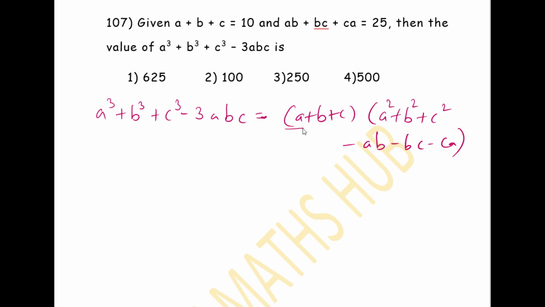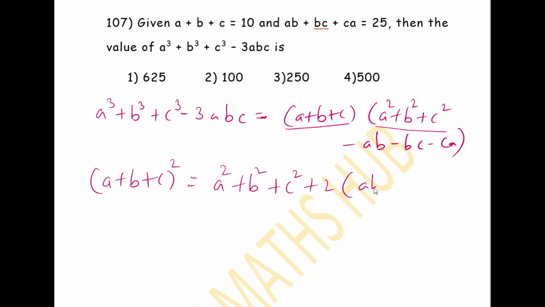We know the value of a plus b plus c and also ab plus bc plus ca. We need to find out a square plus b square plus c square by using the formula a plus b plus c whole square equals a square plus b square plus c square plus 2 times ab plus bc plus ca.